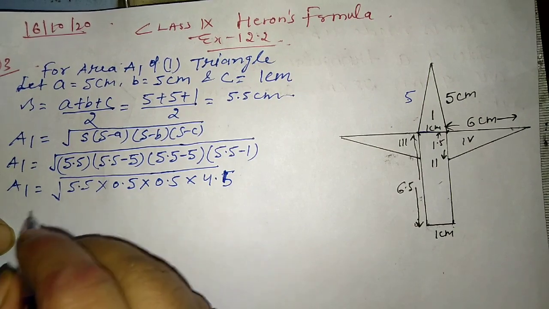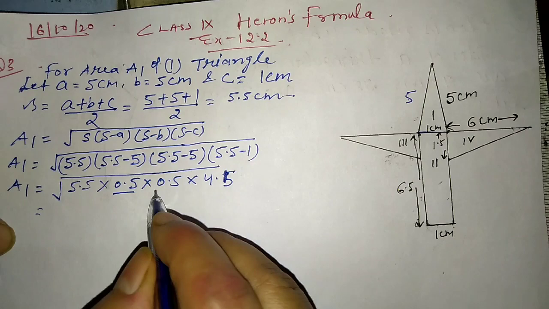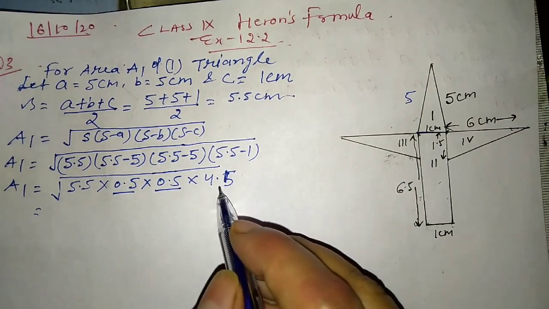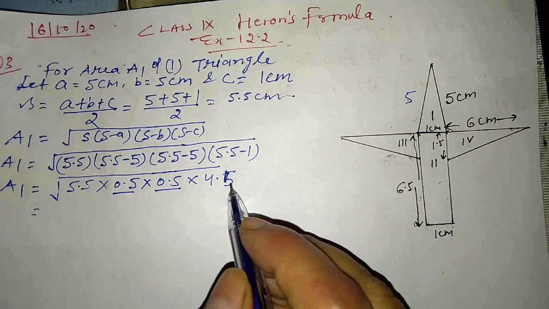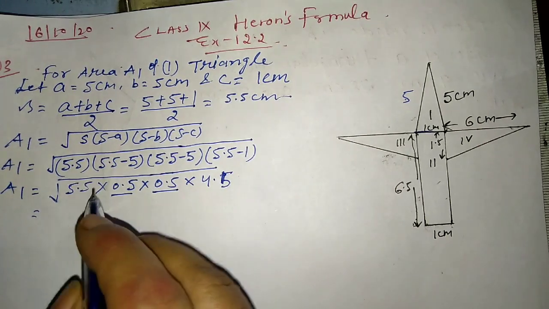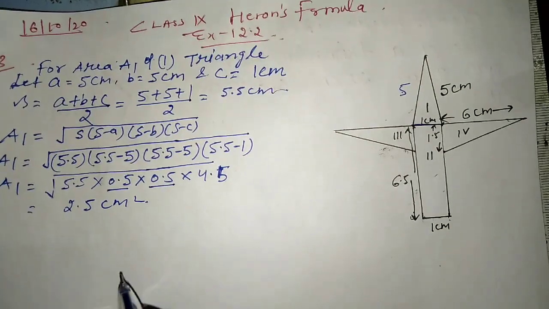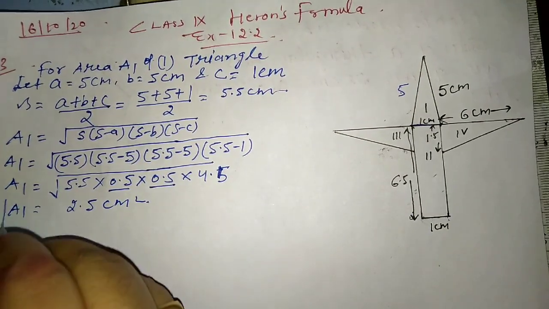So in the formula, this is 0.5, 0.5 in root, and this we can write as 5 9s are 45. So 9 can come out and 0.5, 5 can come out from here. So we are having here 2.5 centimeter square. This is our A1.